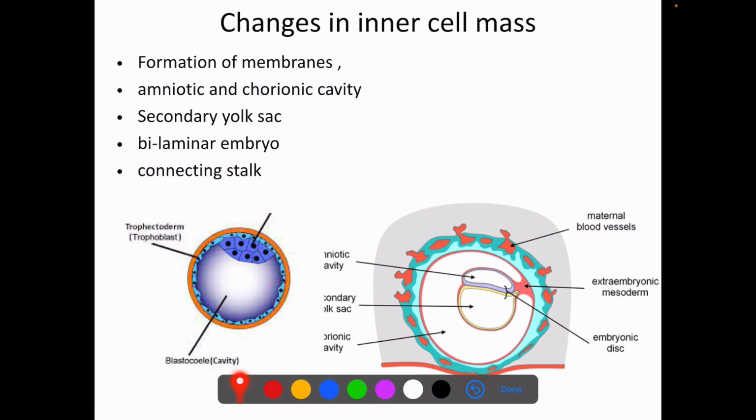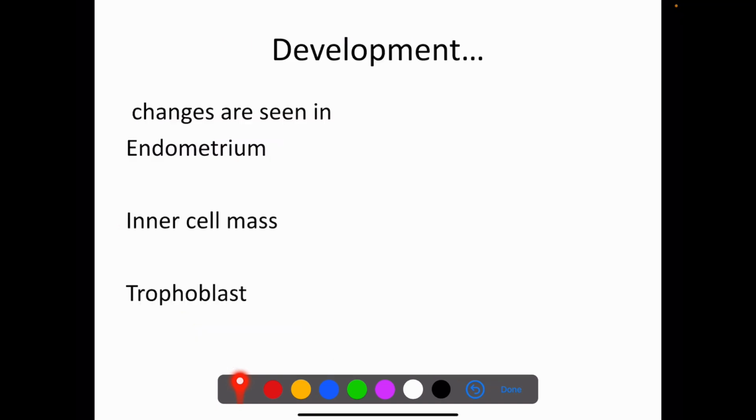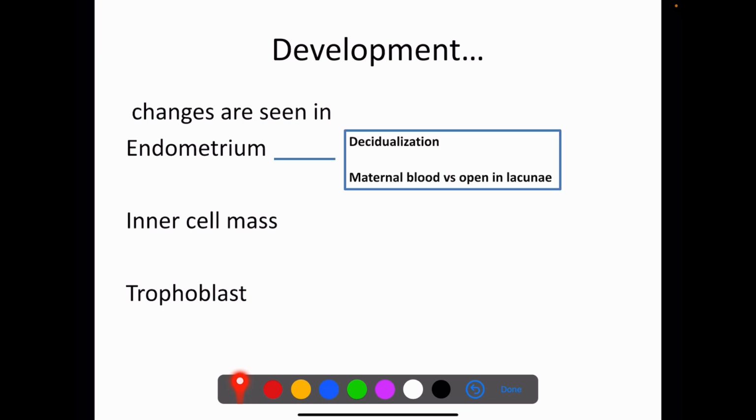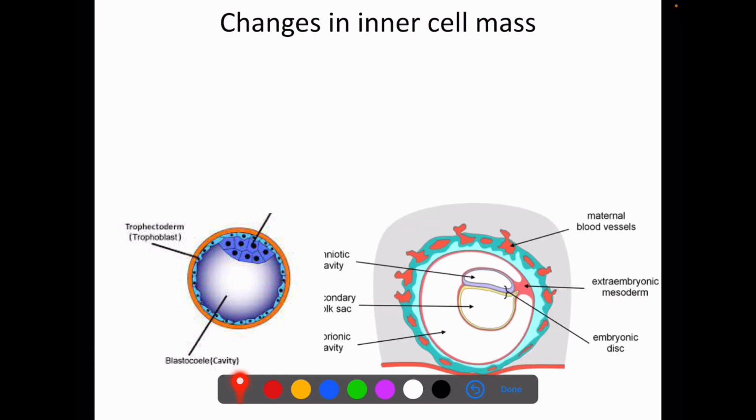Okay, so the changes which are seen in the endometrium. Now endometrium we already have seen decidualization, maternal blood vessels they develop, and in the previous slide which we have seen, see this is the trophoblast which is developing and the spaces they appear in this trophoblast, and these maternal blood vessels, they enter into these spaces.